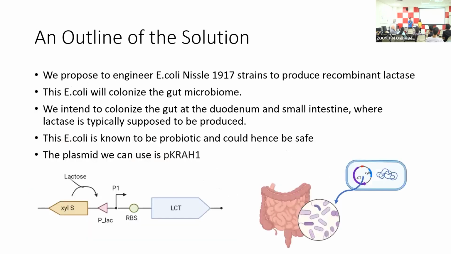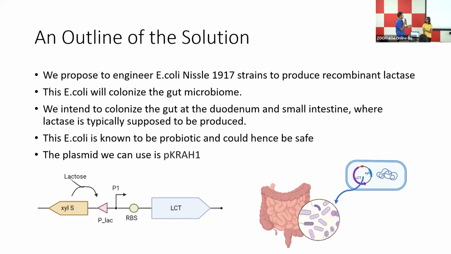So, this is an outline of the solution that we propose. We propose to engineer the E. coli Mutaflor 1917 strain. Why we specifically chose this strain was because it has been shown to be probiotic, which means that when it is introduced in the gut microbiome, it would be safe and maybe even improve the gut microbiome overall.